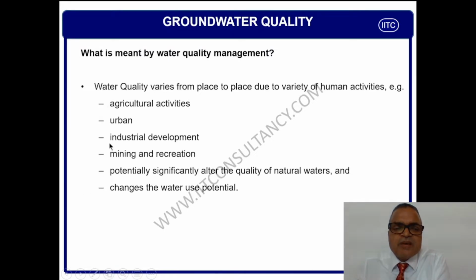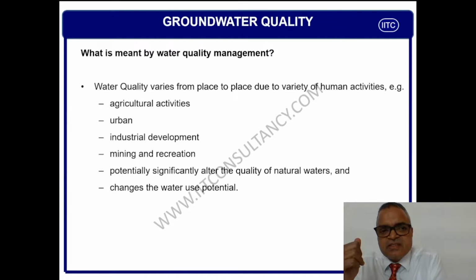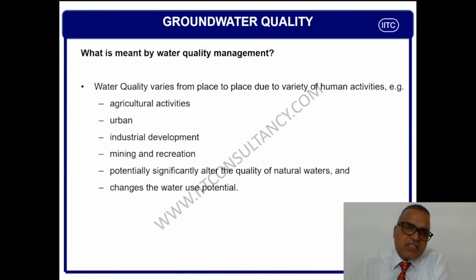The bottom plate of the tank is leaking, and this is going and percolating into the ground, and that is responsible for different water quality. So that is why industrial development is also responsible for different water quality.